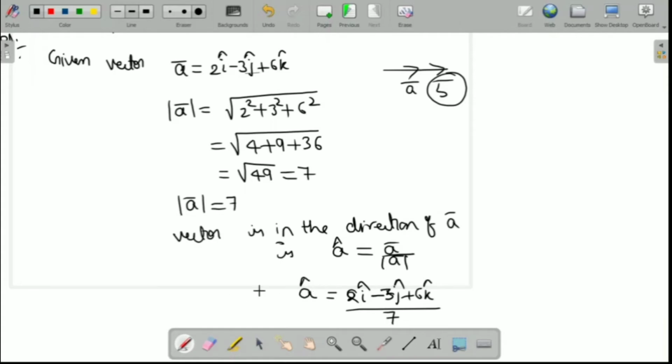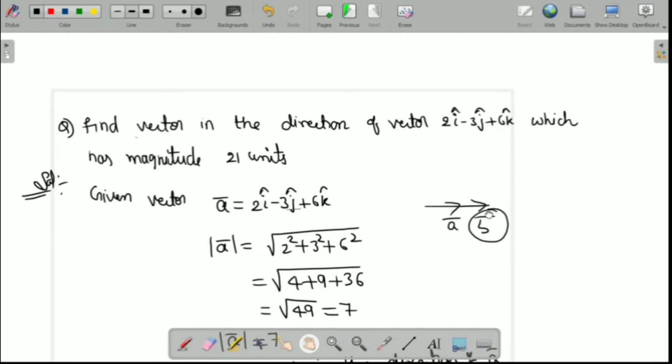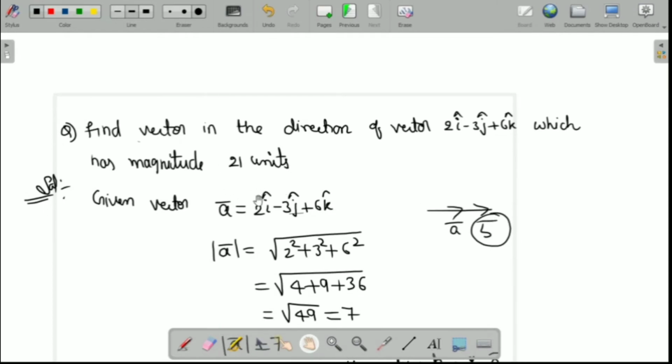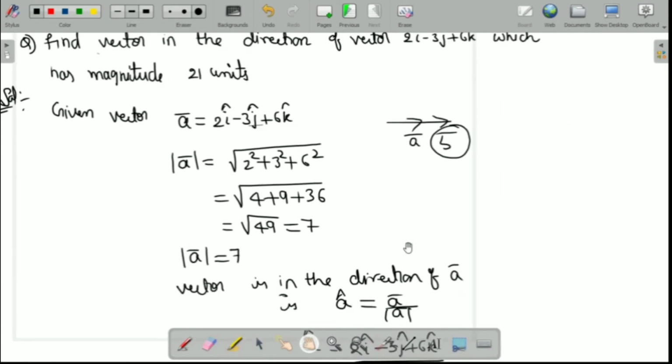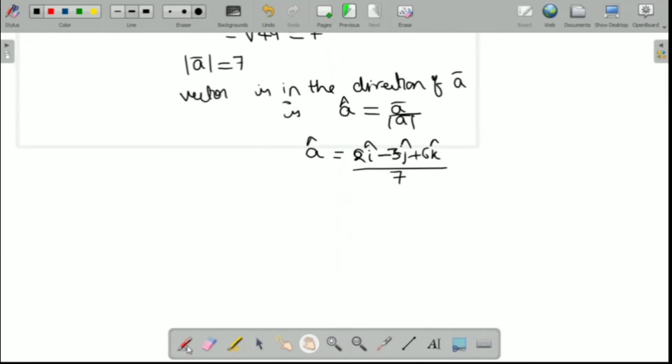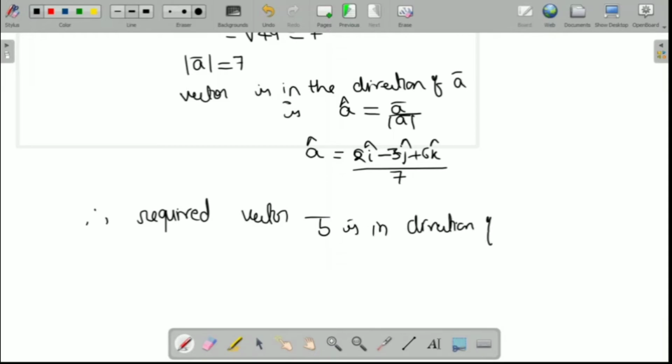Next, in the given question, what he said is in the same direction but has a magnitude of 21 units. That means b vector is in the same direction as a, and we need to find that b vector. Then the required vector b is in the direction of a vector whose magnitude is 21 units.